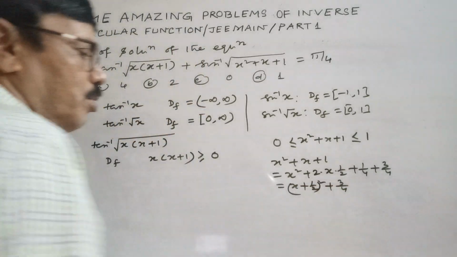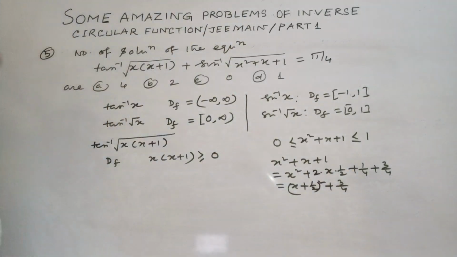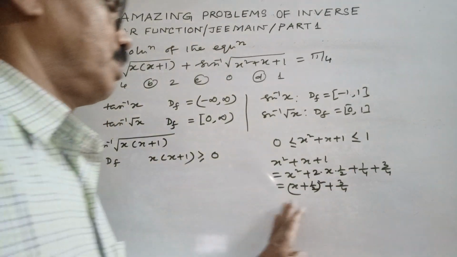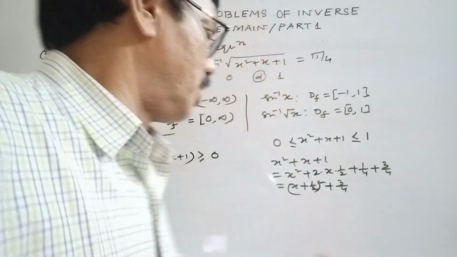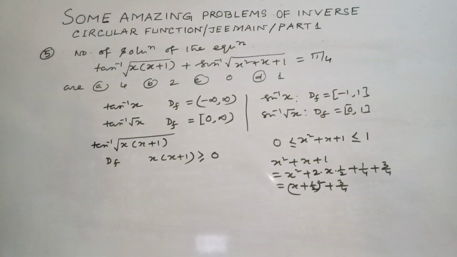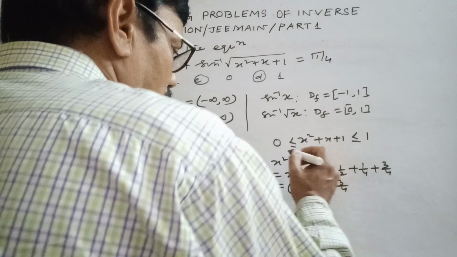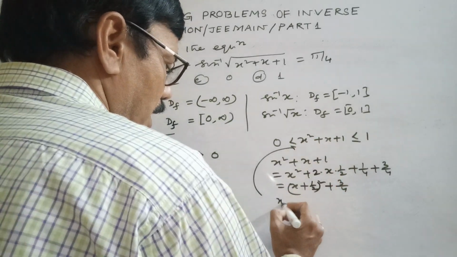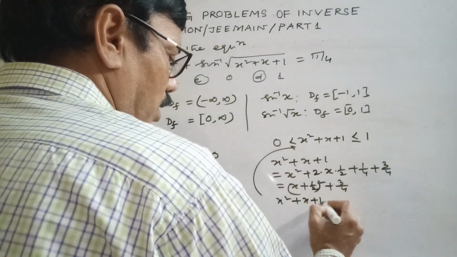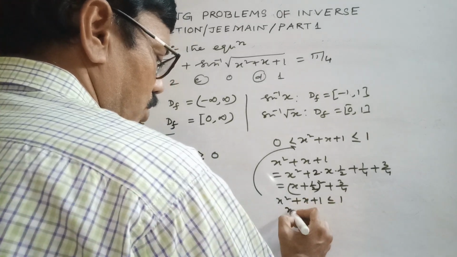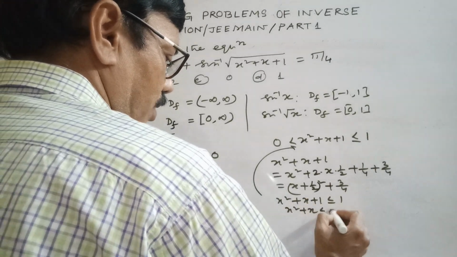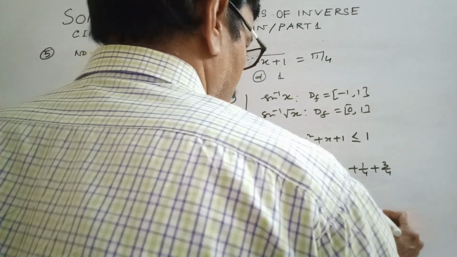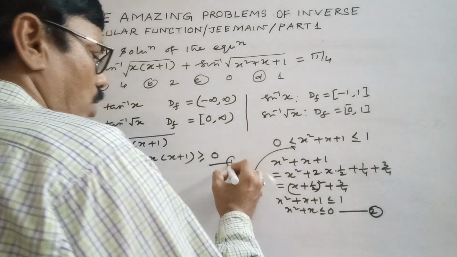Sum of two positive terms, so it is always positive for all values of x. Now we consider x square plus x plus 1 less than or equal to 1. So x square plus x less than or equal to 0.